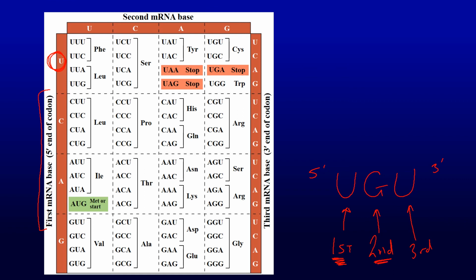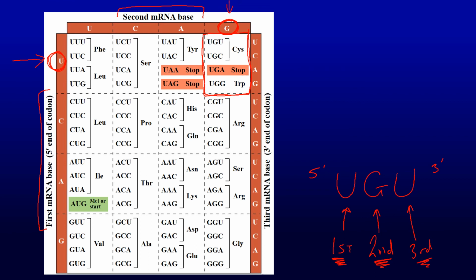All right, our second RNA base, just here, is G. So we take that G just there. So now we know we're in this box here, because we had U here and we had G here.